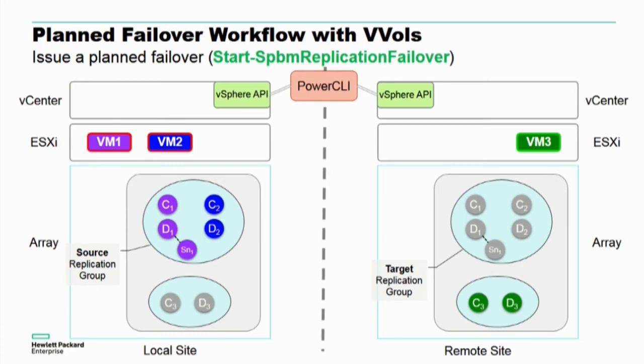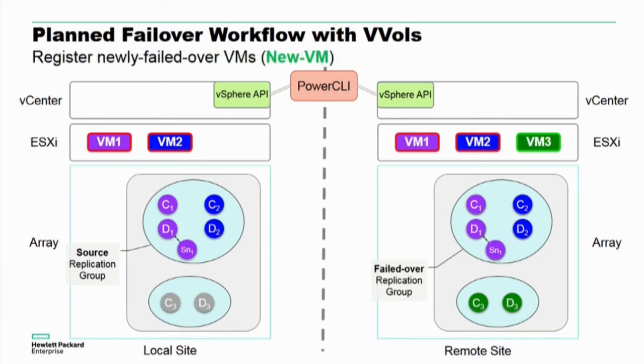What will happen is the target group will become a failover group, and those gray volumes will immediately become visible to vSphere. The output of this failover is the file paths to those VMs. You would use those file paths to register them in vCenter. So you'll do a new VM, and they'll show up at the target site.